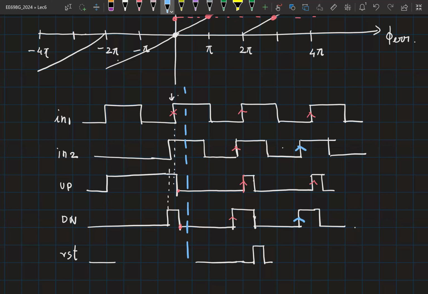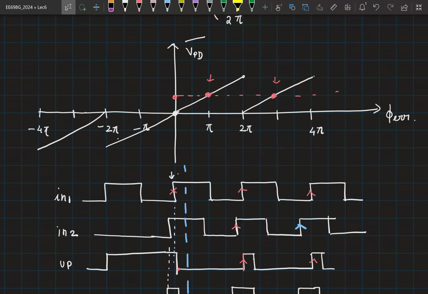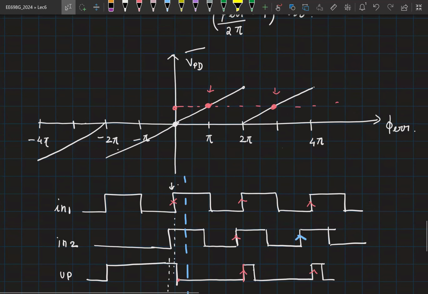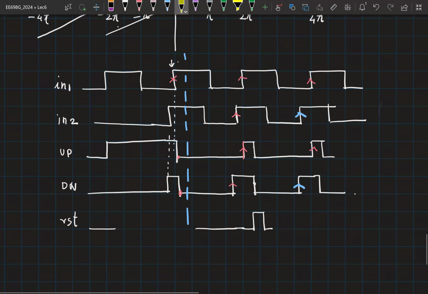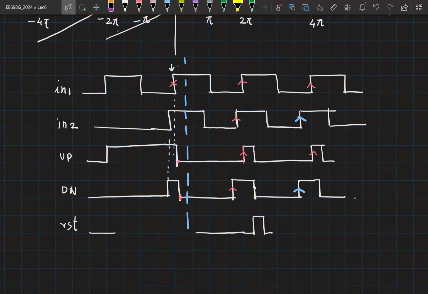Okay? So now, let's say for a given value of T reset, you can check how your VPD average versus phi error characteristic is going to change. So you expected, ideally, if you are around 2 pi, you would have expected a value somewhere here, right? But instead, now you can clearly see it's going to be a negative value. Right? So there is some change in the characteristics.